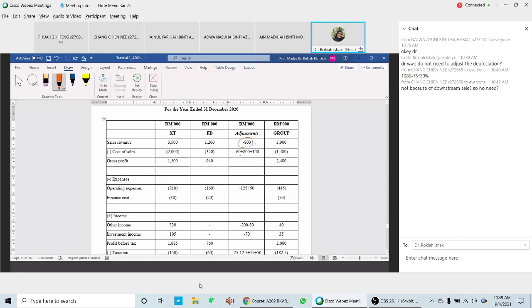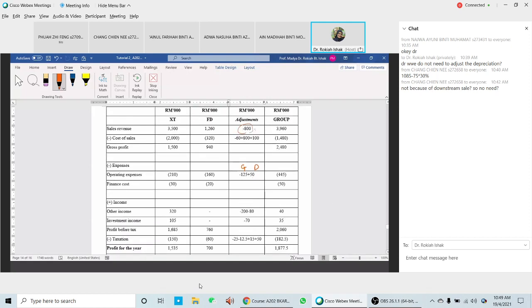Minus 60 is for the URP, plus 800, and then this one is adjustment. You look at the adjustments that we have here. Operating expense minus 125. 125 here is for the impairment of goodwill. And then 50 here is for the depreciation of the provided sale. So that is as well.